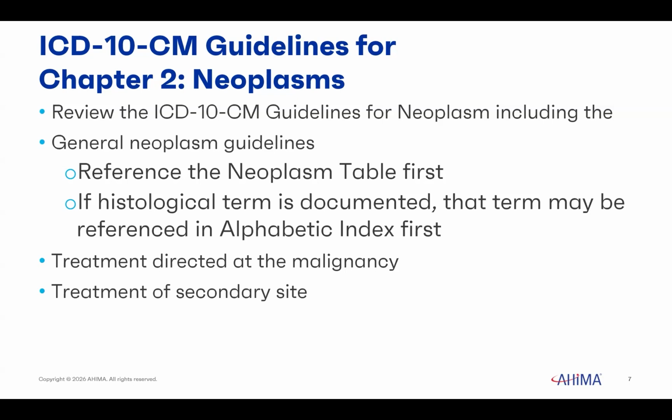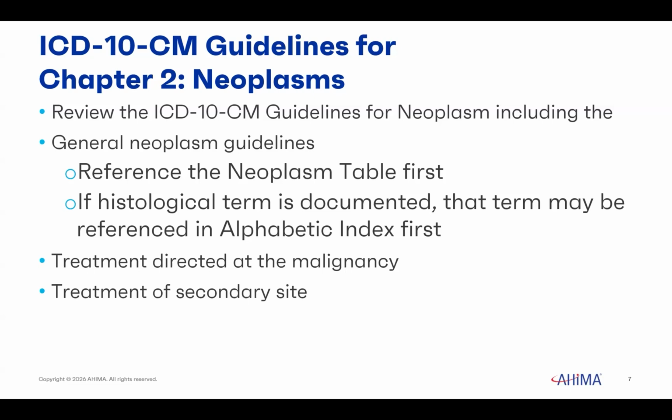You can kind of think of it as a subset of the alphabetic index, if you will. And then if there's a histological term, that term may be referenced in the alphabetic index first. When we say histological term, that's describing the histology of a cell. These would be typically words ending in OMA, melanoma, for instance.